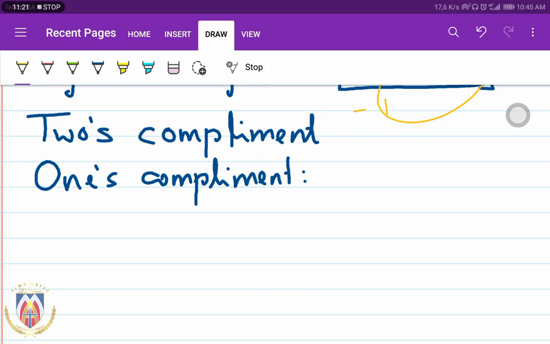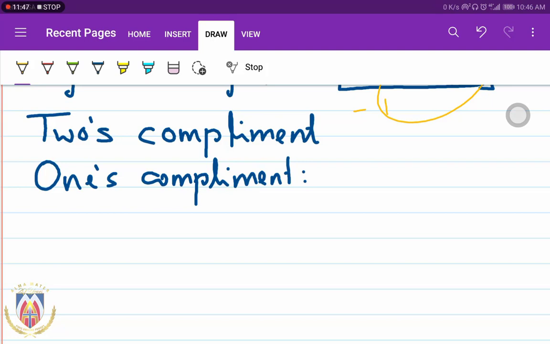But the most important part, which is the objective of our syllabus, is to know how to change a number into its 2's complement form, 1's complement form, and so on. I'll talk about the 2's and the 1's complement. Since we are here, let's start with 1's complement. The idea is to get to the 2's complement.